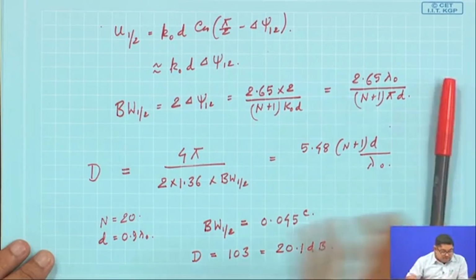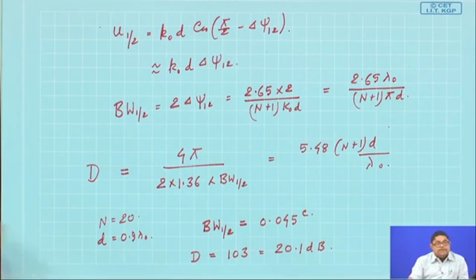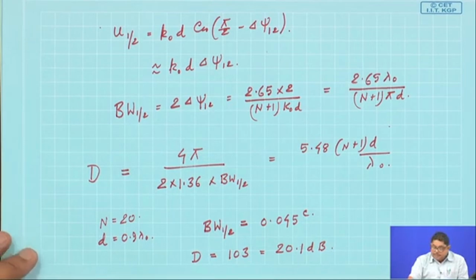So, a 20 element array has a very substantial directivity and also large gain, as losses due to array antenna there is not much loss.